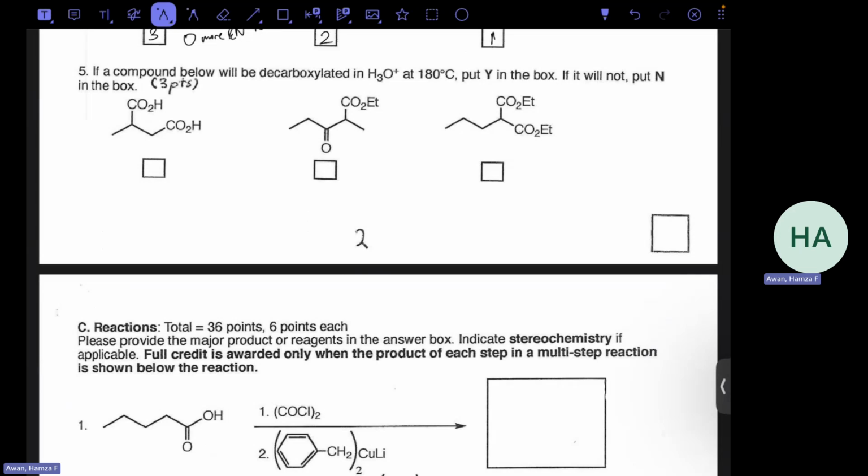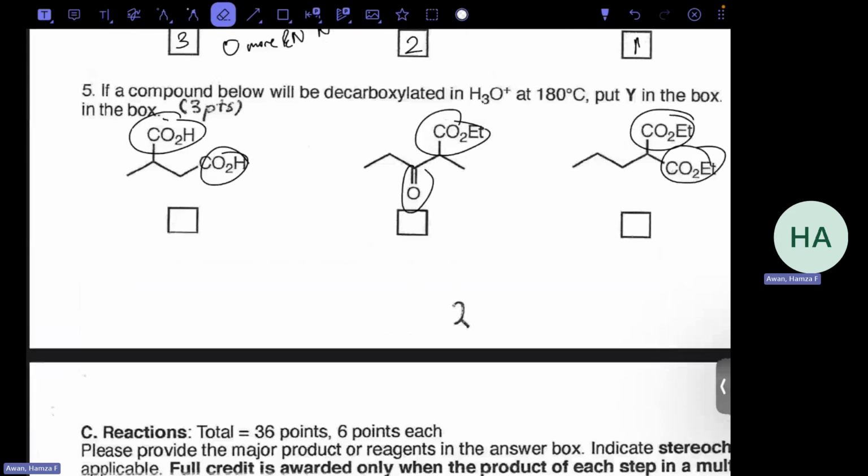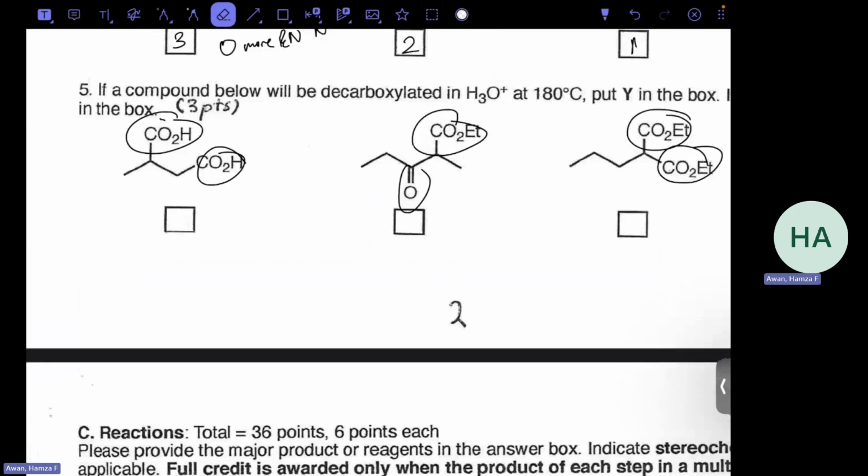In this case we have two carboxylic acids, we have the ester and a ketone, and then we have two esters. Essentially we're looking at just alpha beta carboxyl groups, because H3O plus at 180 degrees Celsius is an alpha beta reaction.